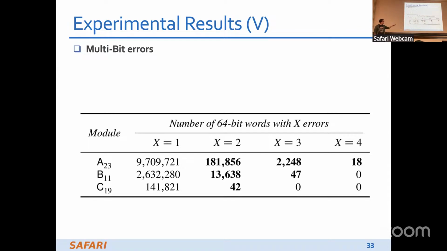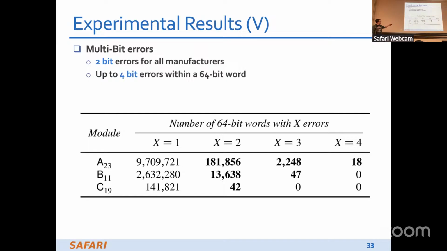So everything from 2 bits and above is an error that can no longer be fixed by the standard error correcting codes used commonly, and everything above 3-bit errors cannot even be detected anymore. There were 2-bit errors on all manufacturers and up to 4-bit errors within a 64-bit word for one manufacturer.